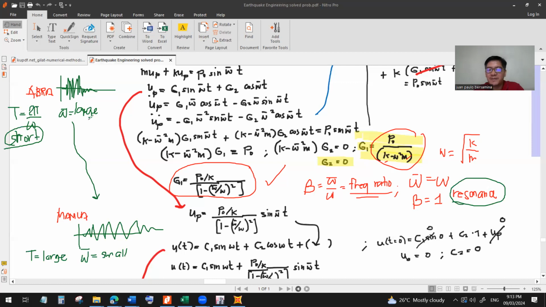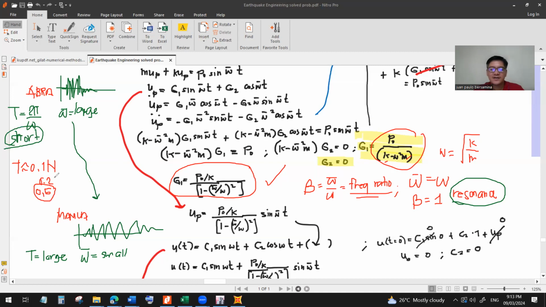For example, your plates. The rule of thumb that I taught for the period is T is roughly 0.1 times the number of floors. So if you are 2-story, 0.1 times 2 is 0.2. If you are 5-story, like your plate, 0.1 times 5 is 0.5. That's a pretty short period structure.